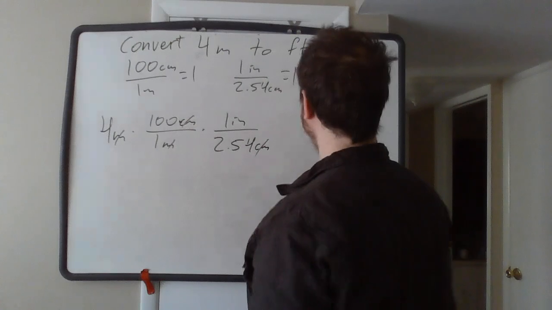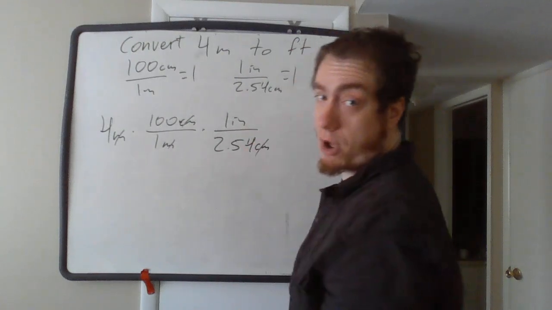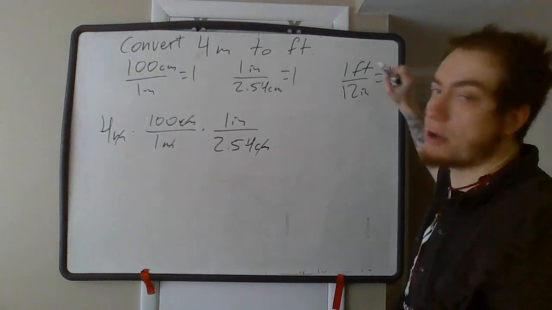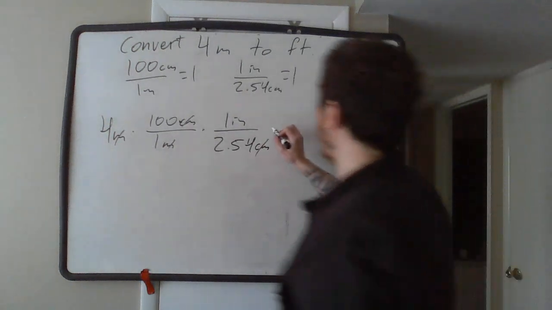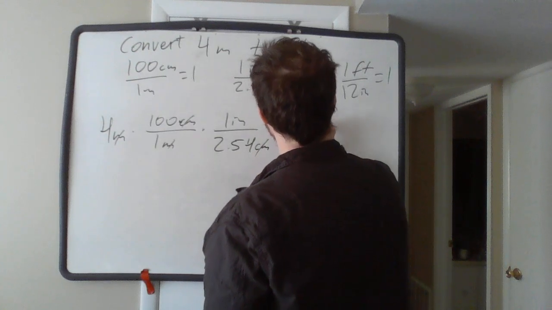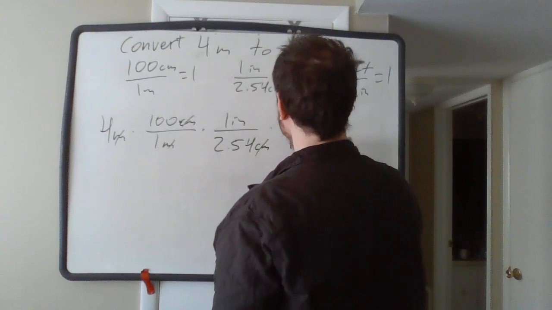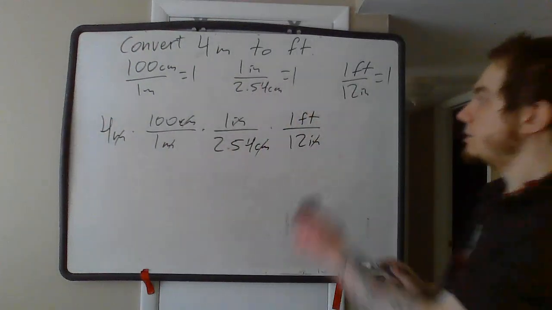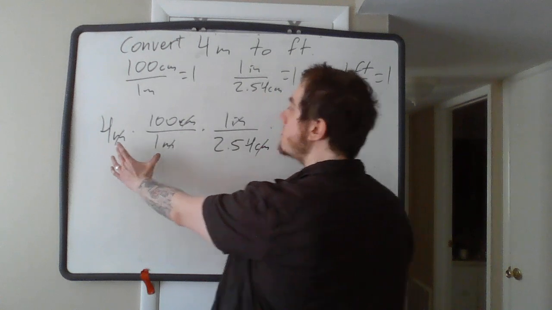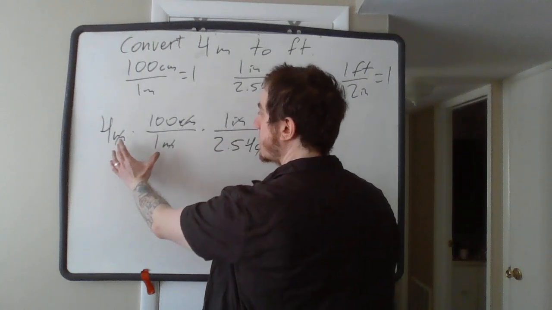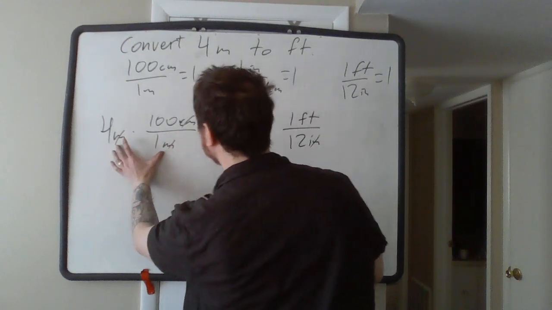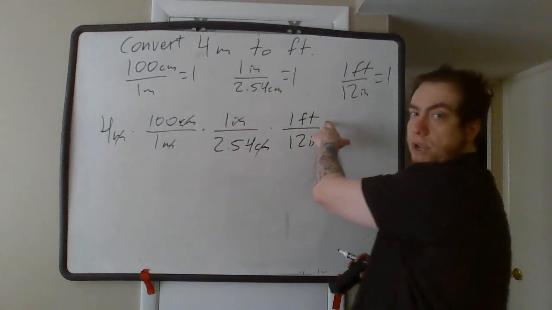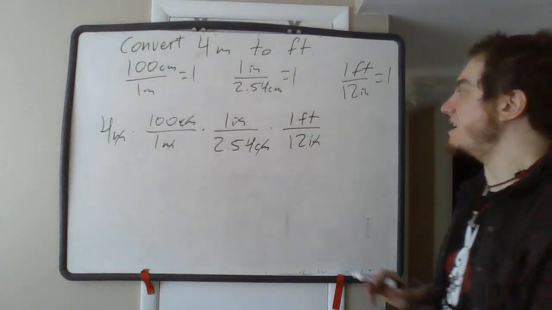Okay, now I need to get rid of the inches because I really want feet. At this point, I can actually get to feet because I can cancel the inches and end up with feet using this last factor. So we get 1 foot per 12 inches multiplied on there, and it cancels out the inches. Now, notice that we have our units, they get canceled in pairs. The meters cancel, then the centimeters cancel, and then the inches cancel. The only one that doesn't cancel out here is feet.